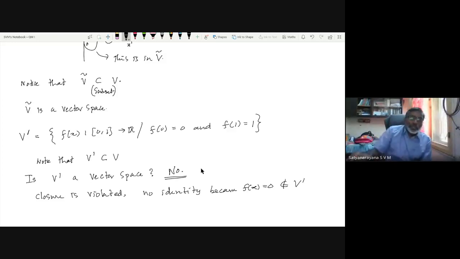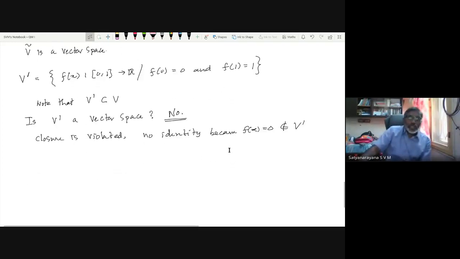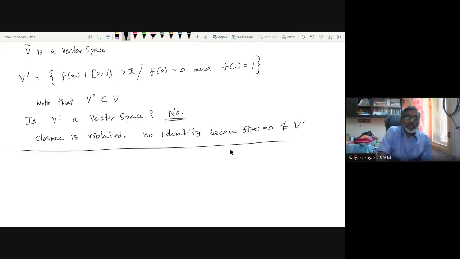Now, let us come to this question of, let's say that we have some differential equation. Let's say this is some differential operator and it is operating on y of x is equal to 0. So this is a differential equation.